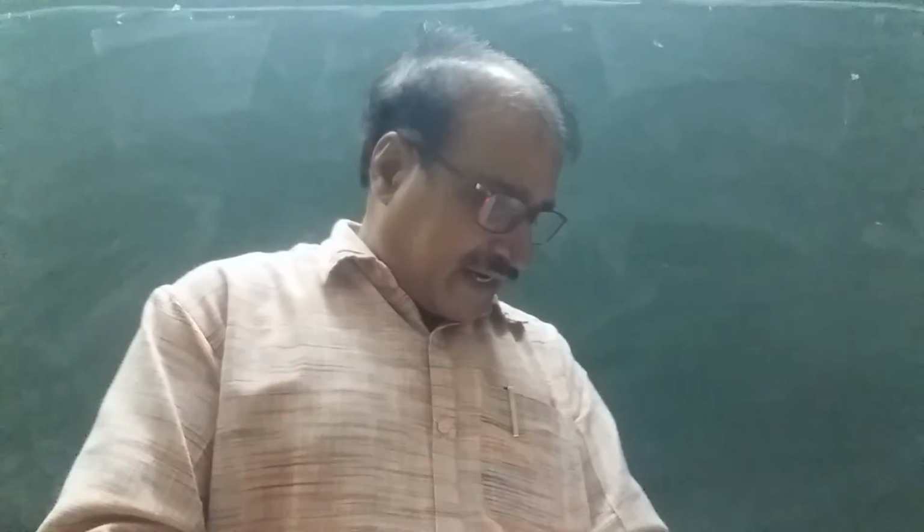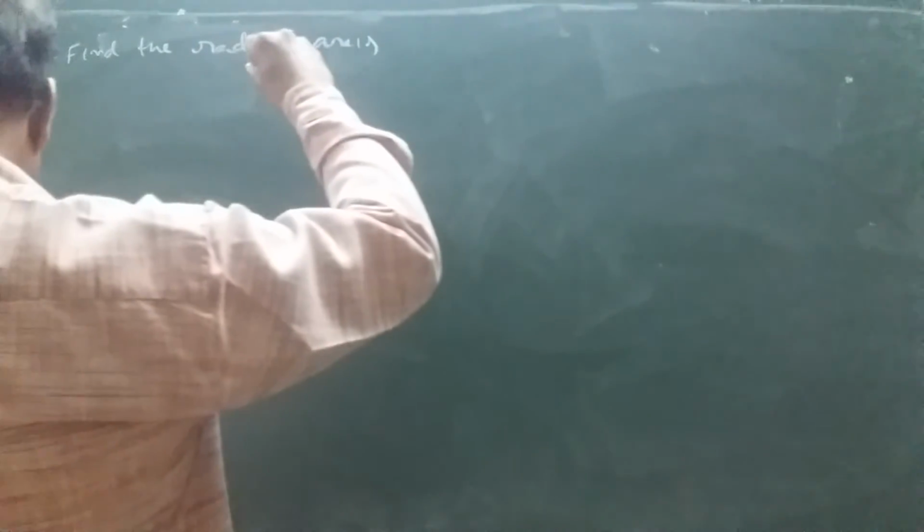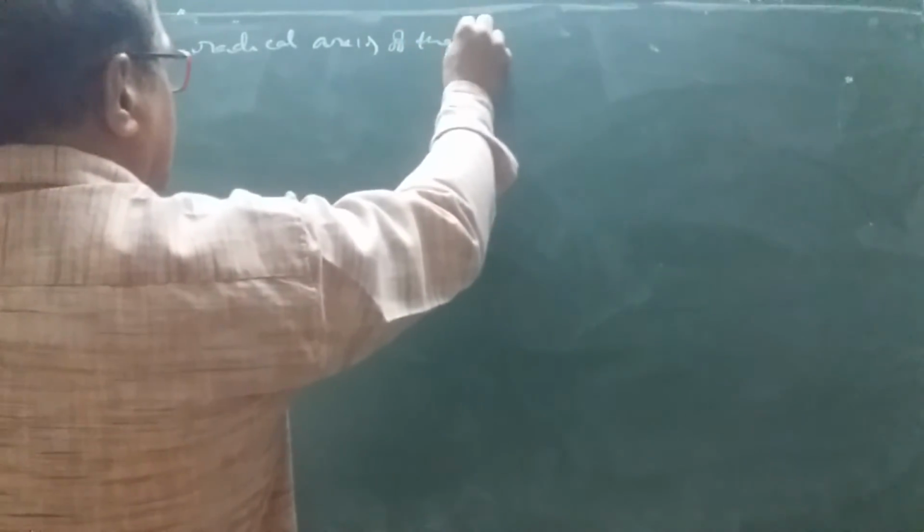Now, by taking an example, find the radical axis of the given circles.